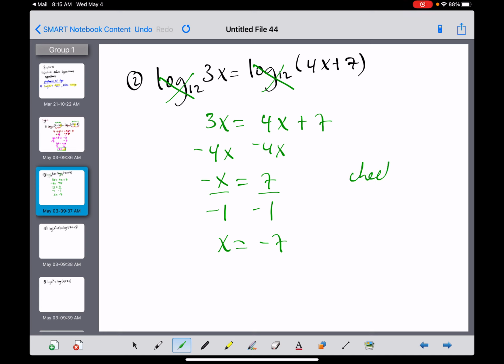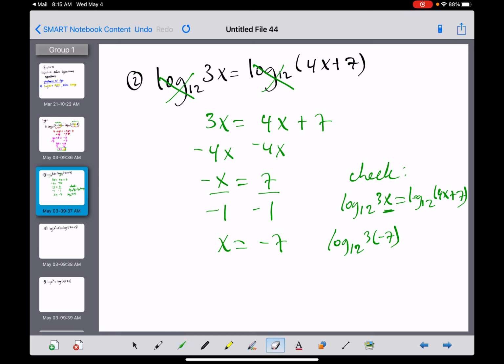Now I'm going to check using the log base 12. Log base 12 of 3x equal to log base 12 of 4x plus 7. I'll plug negative 7 into here. So log base 12 of 3 times negative 7.